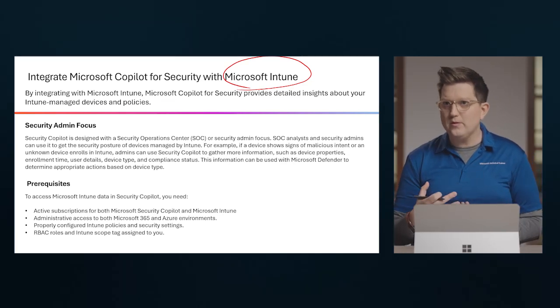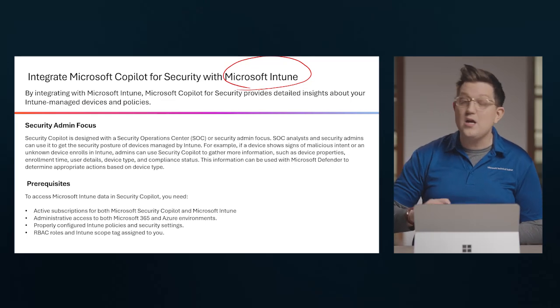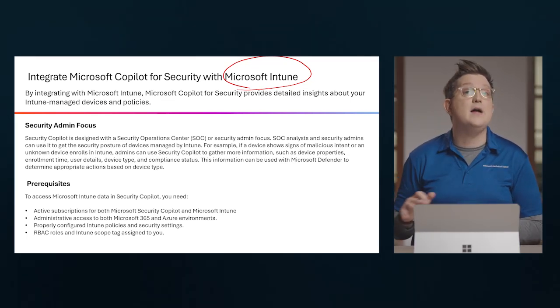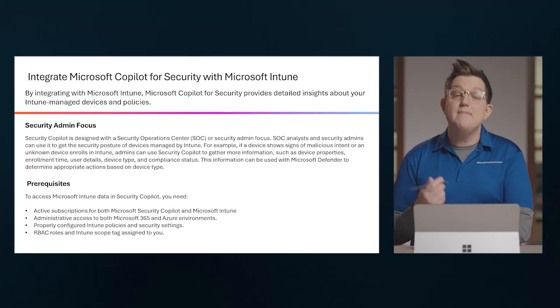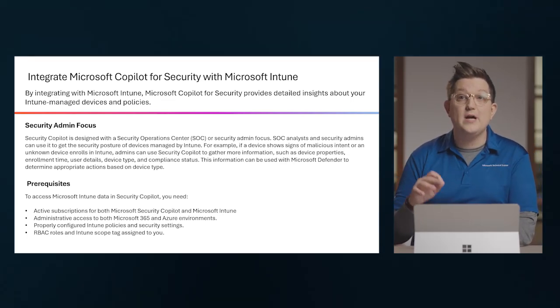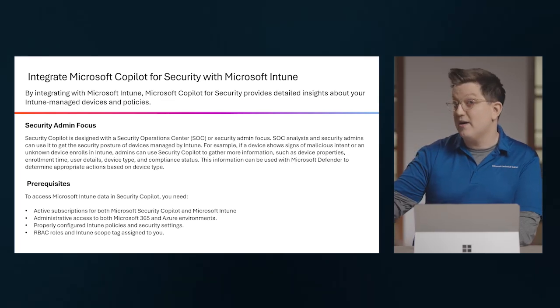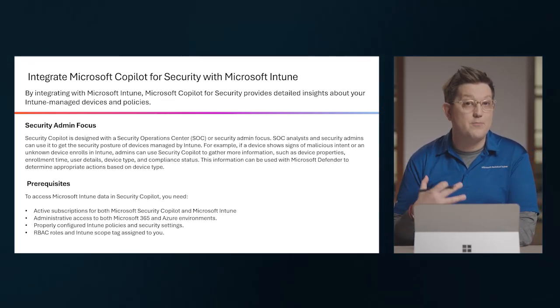And more broadly, it's how we're going to hook into the rest of the Microsoft ecosystem and a whole range of third-party ecosystem products. Plugins are the mechanism that we use in Copilot for Security to ensure that we are able to reach out to various APIs and pull relevant data back in as part of a prompt.